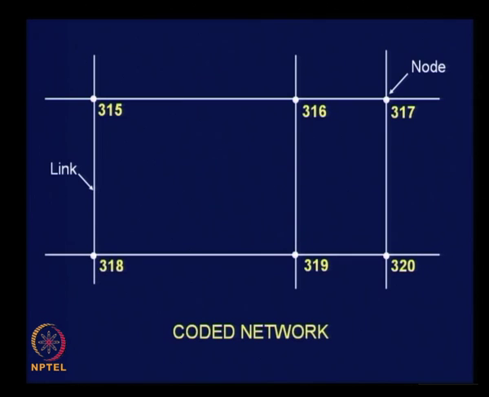And when you say link 315 316, that is going to indicate only that particular stretch of road, no other road, isn't it. So that is how conversion of the road network into links and nodes helps you to analyze the whole network easily, or give the information as input for the analysis, clear.